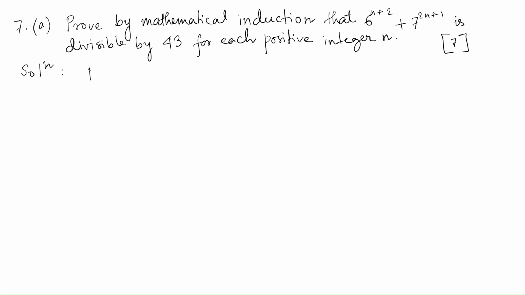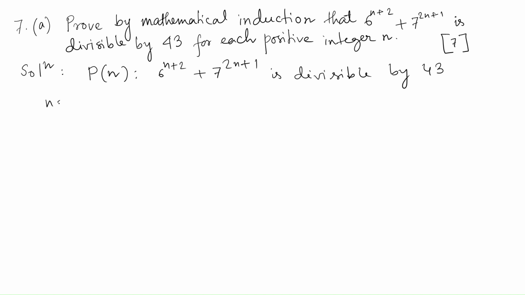Say Pn is the statement that 6 power n plus 2 plus 7 power twice n plus 1 is divisible by 43.